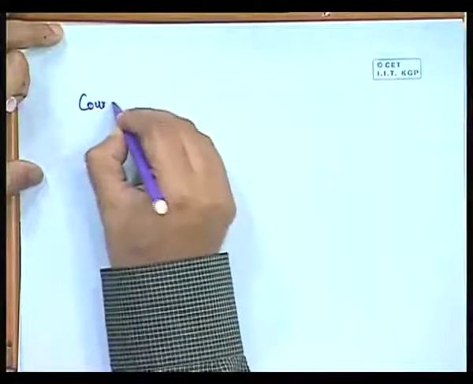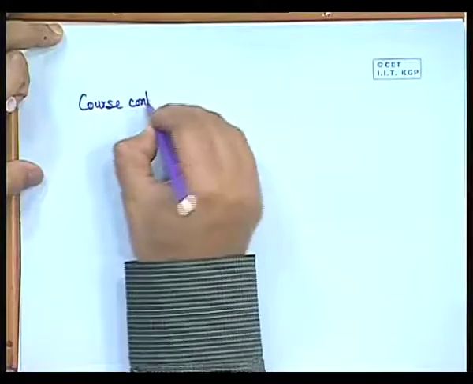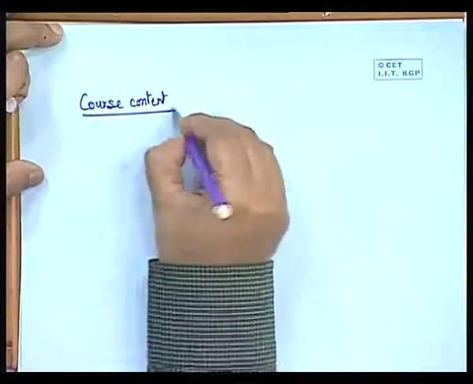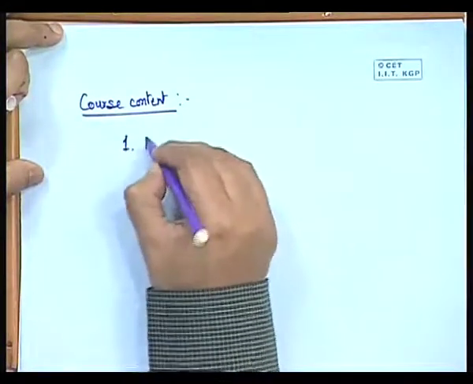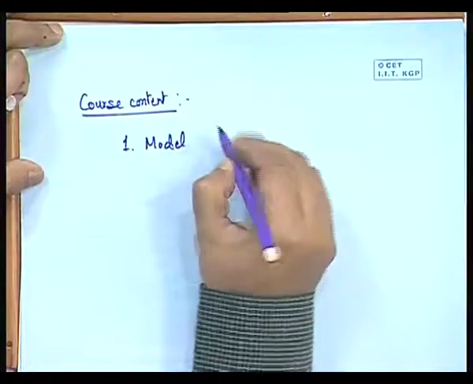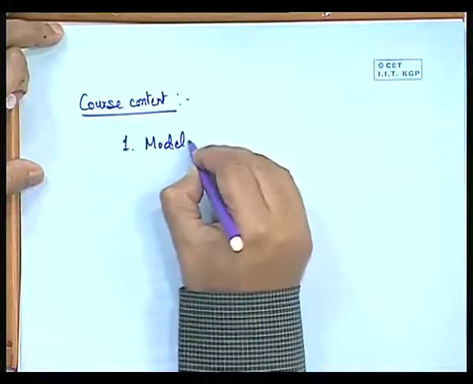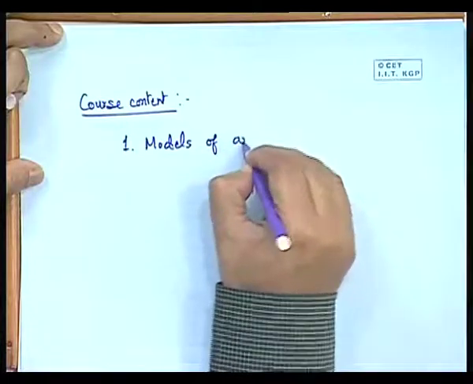Our lecture series will be divided into some specific modules. As the course content, we will first begin with the models of artificial neurons. That is what we are going to cover from the next day.